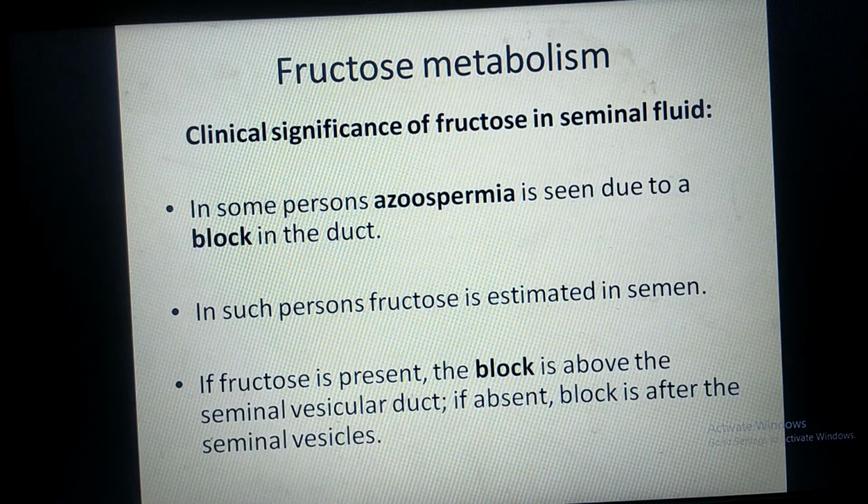Clinical significance of fructose in seminal fluid: in some persons with azoospermia, meaning decreased sperm count, there may be a block in the duct.